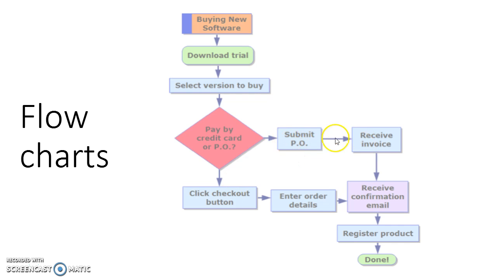So if they chose to go this route, what would happen? If they chose to go this route, what would happen? And they don't always have to meet up at the end. They can go in all different directions. But this is just an example of how to show students divergent thinking through flowcharts. These flowcharts can be used in a number of ways. It's all about what you want to do as a teacher and what your students want to do.